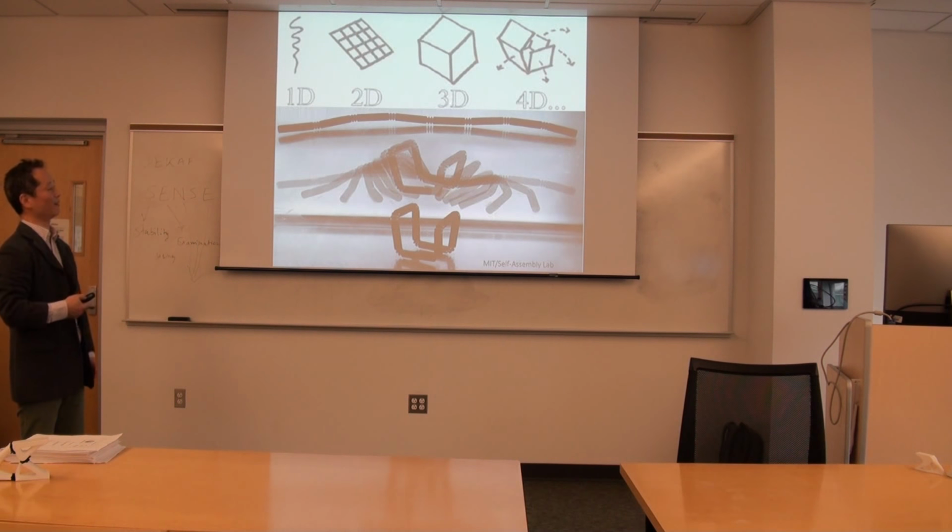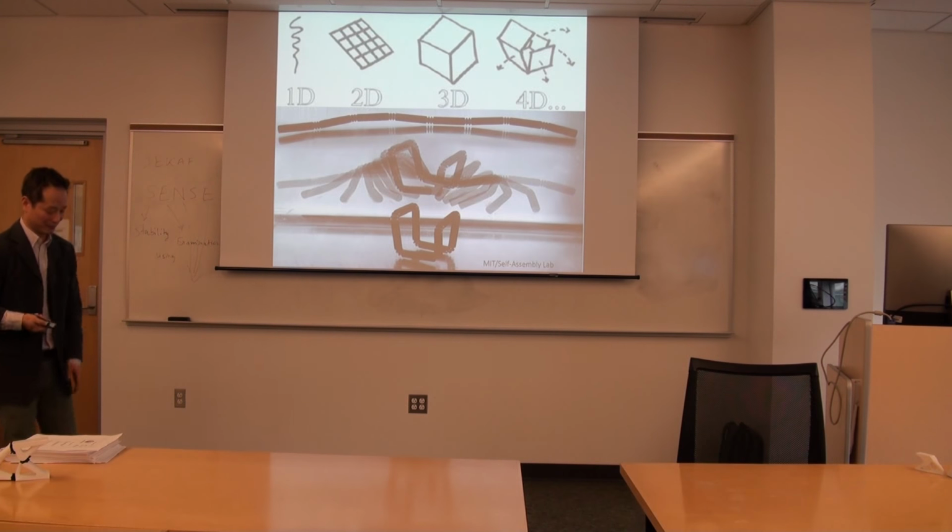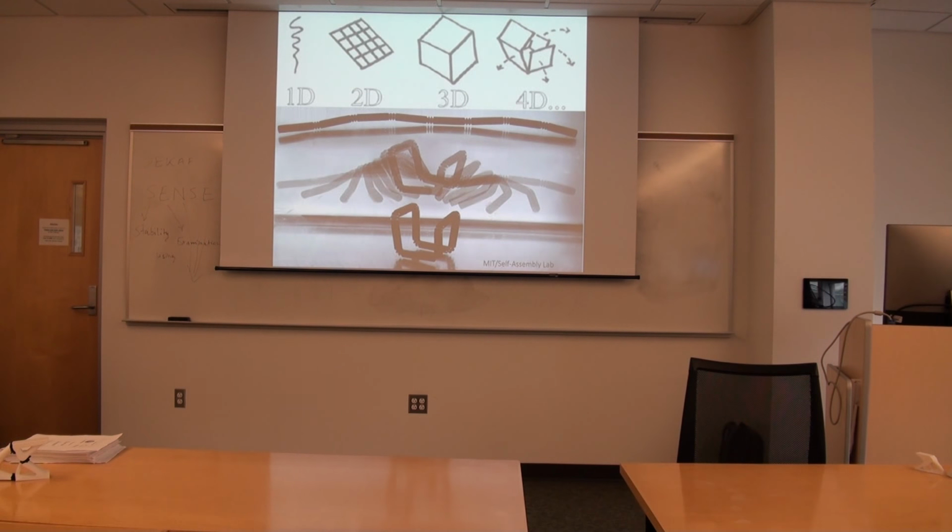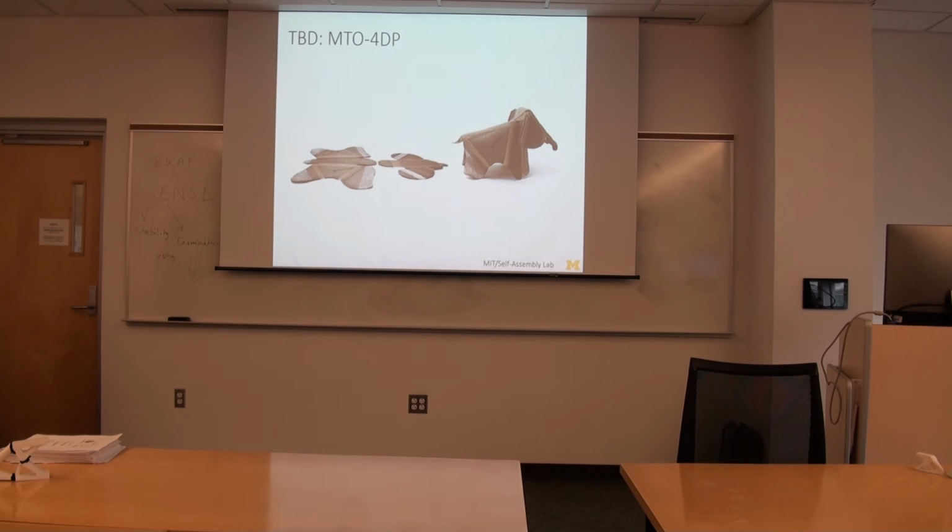Criticism right now, of course, is that this is 2.5D, but anyway, that's what people call 4D. I put up this figure from the MIT Self-Assembly Lab, making these flaps, and then they heat it, maybe, and they fold up to make a fancy elephant.